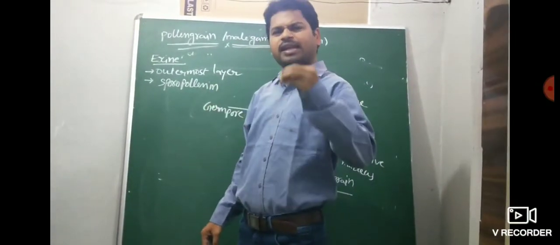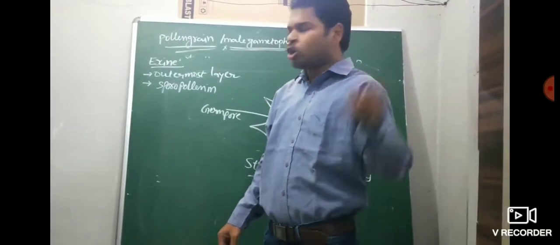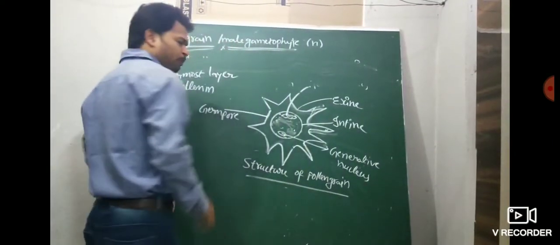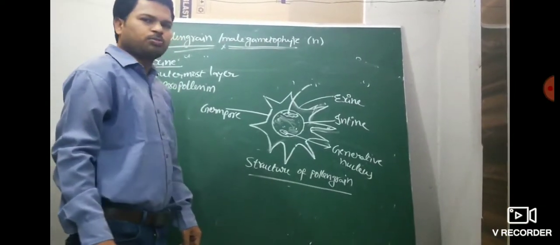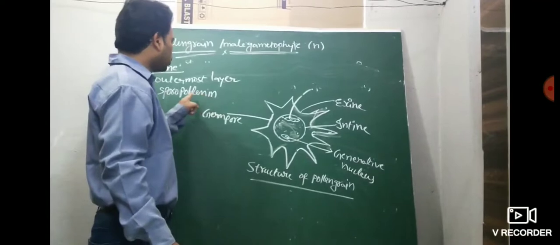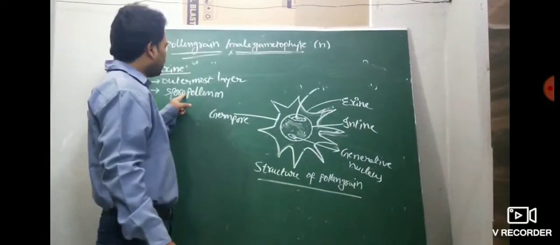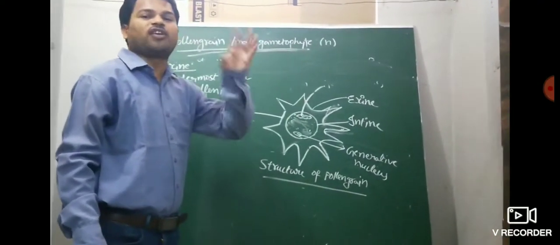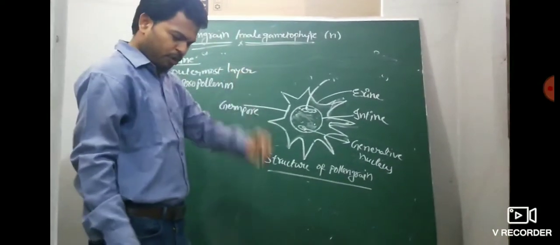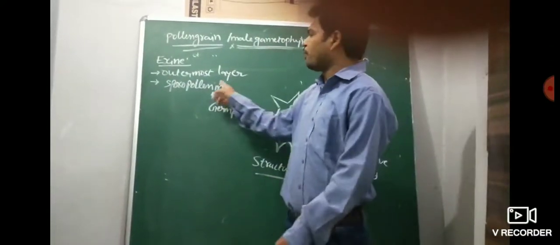That is very important: there is no enzyme to degrade sporopollenin. Then, because of sporopollenin, pollen grains are preserved as fossils. That is also a very important point.